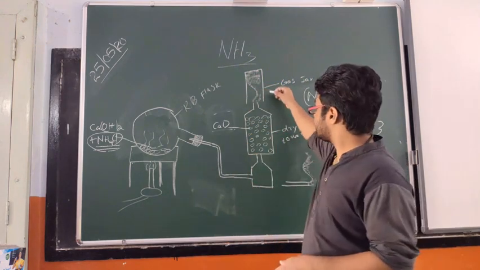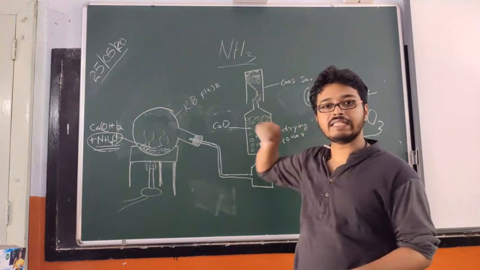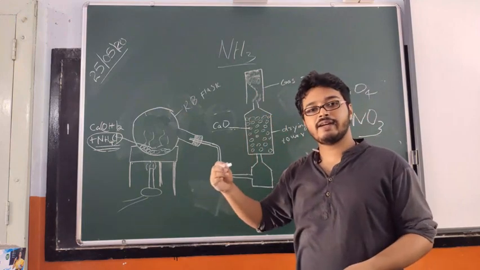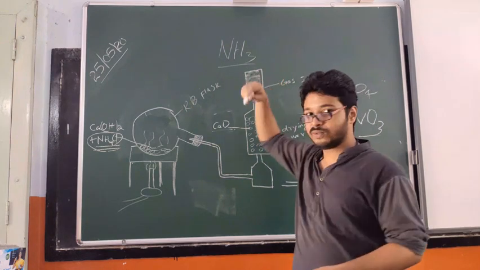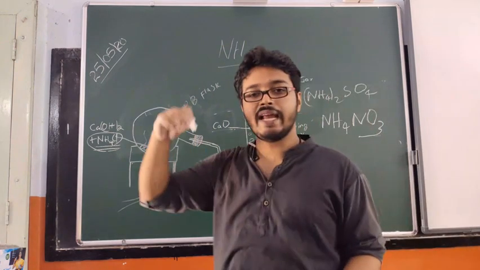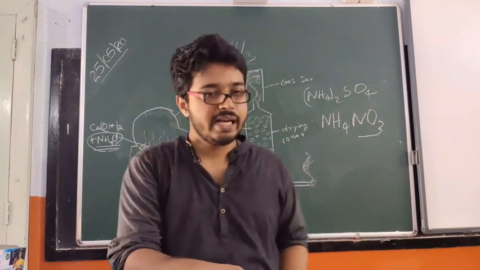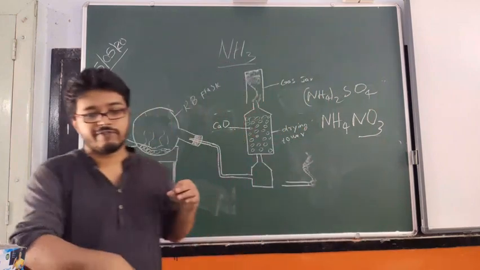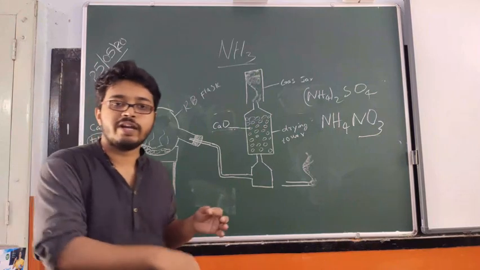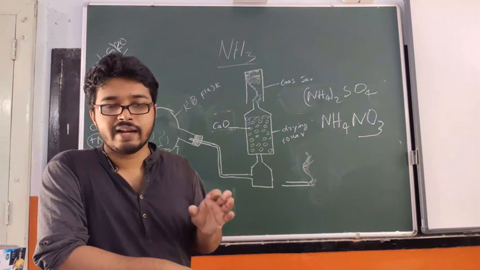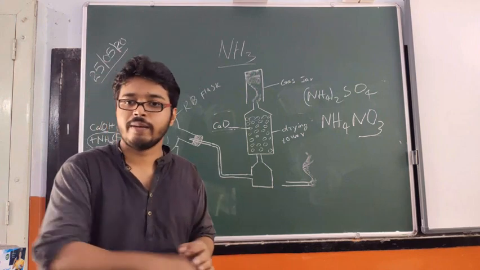The reason is that ammonia gas is lighter than air, so it will go up. To collect the ammonia gas, you are supposed to keep the gas jar in a downward position. That is all about the first laboratory preparation method of ammonia from calcium hydroxide and ammonium chloride.